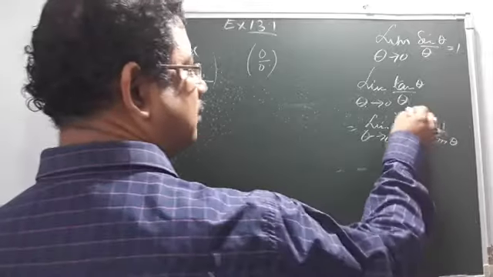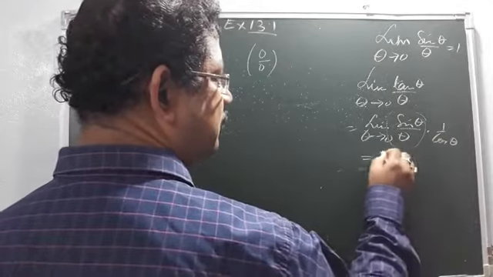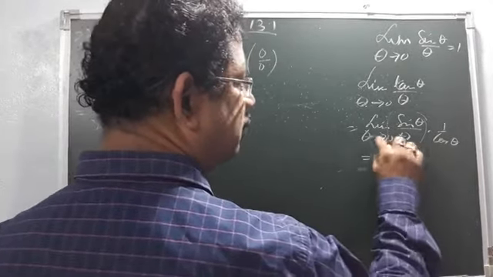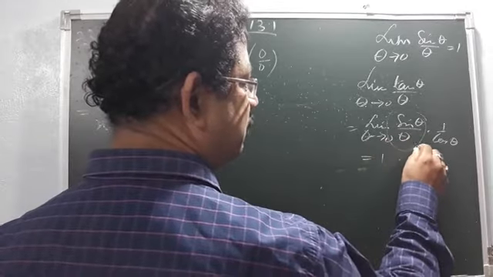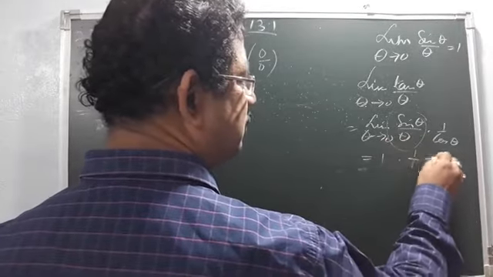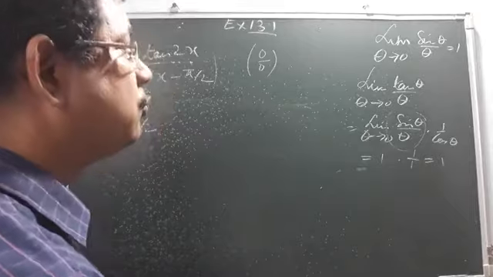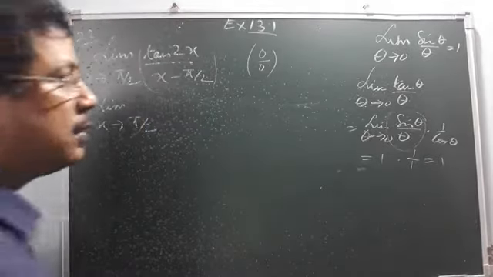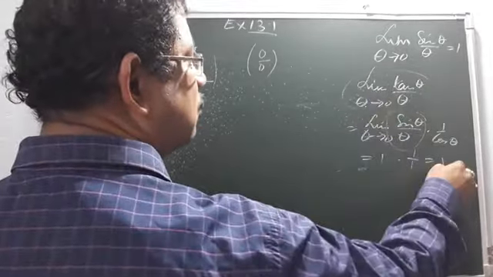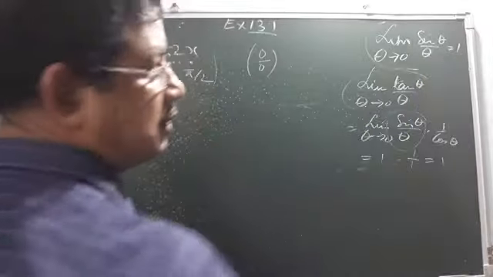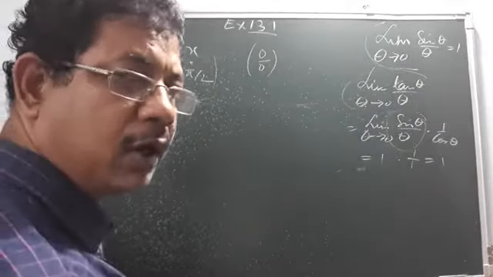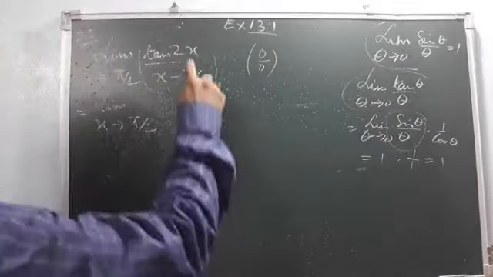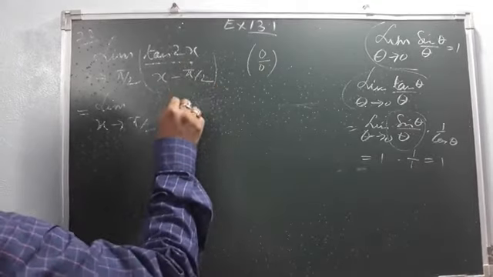Limit sin theta by theta is 1, and 1 by cos theta, if you put 0 in place of theta, is 1 by 1, so it is ultimately 1. So tan theta by theta, its limit is also 1, and sin theta by theta is a well-known formula, it is 1.